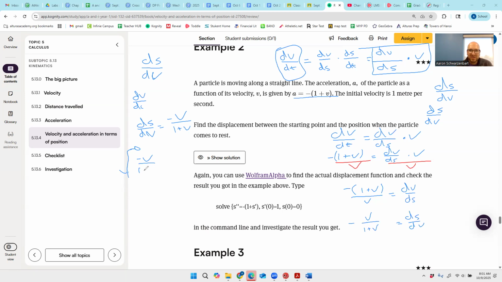So that's where I start, and it wants to find how far it goes when it comes to rest. So 1 is the start, 0 is the end. And these are velocities, these are not positions or times.